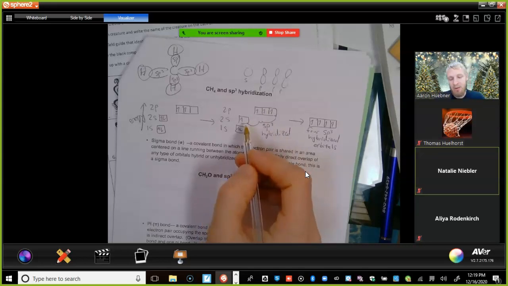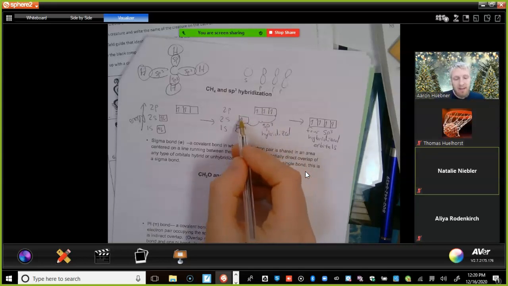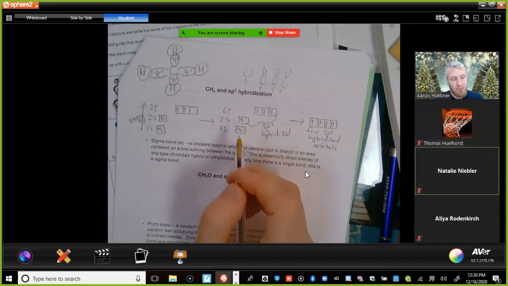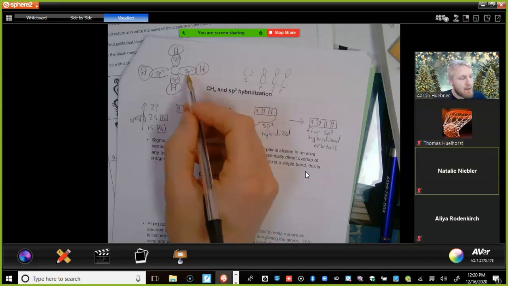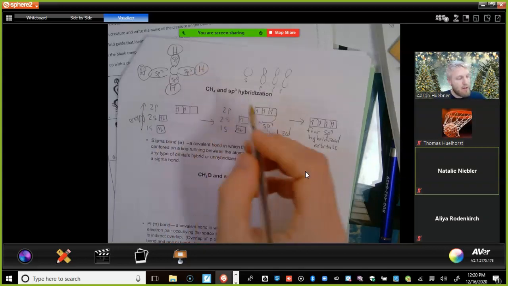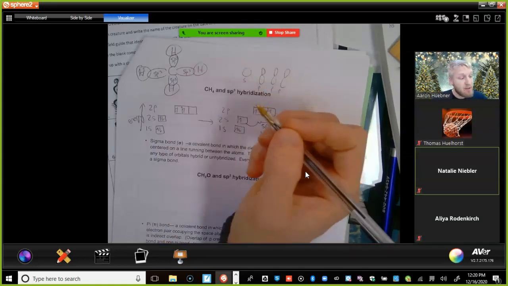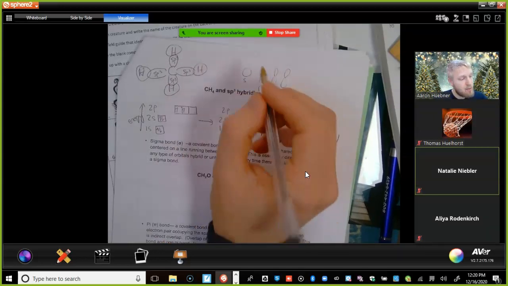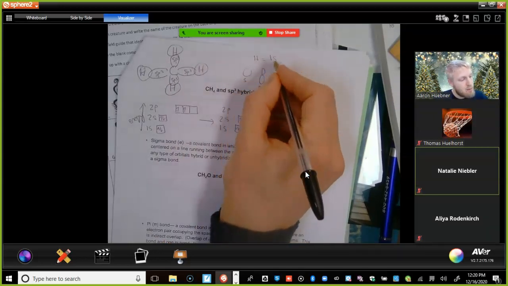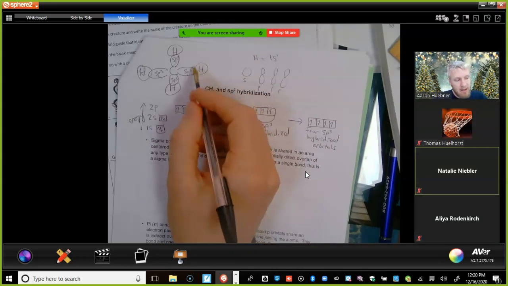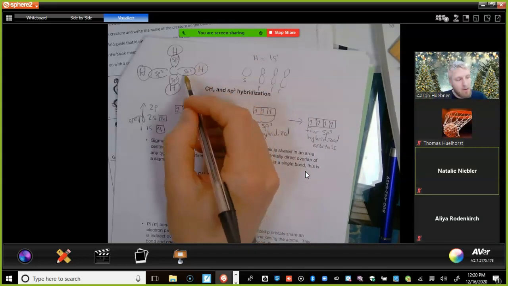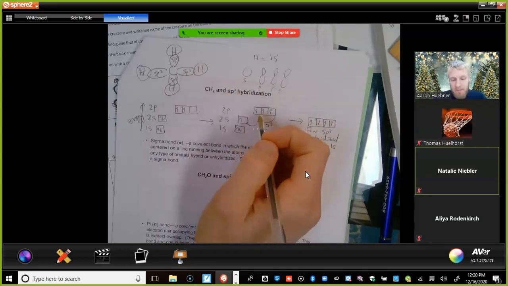And then you also have the 2s of the carbon interacting with the 1s of the hydrogen. So you have kind of two of those situations happening. Hydrogen, all it has is the 1s orbital, 1s1, and that's going to be merging with the 2p.